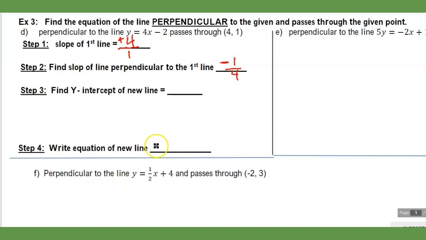So the equation of my new line will now be y equals negative 1/4 x, and then I need the y-intercept, whatever it is. So no longer the same as whatever we started with. All right, nothing more than what we've done on all the others.